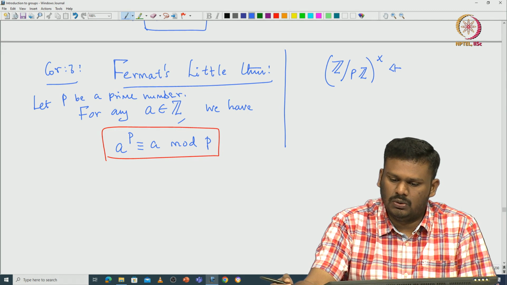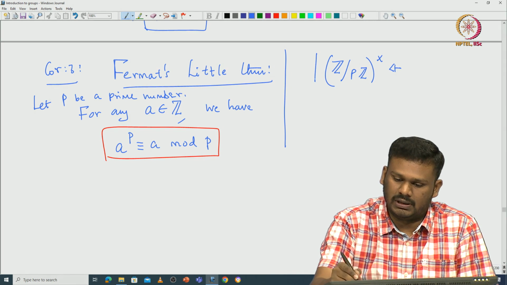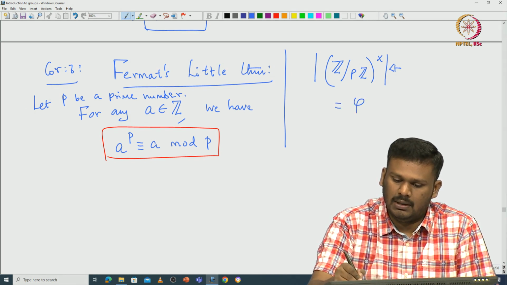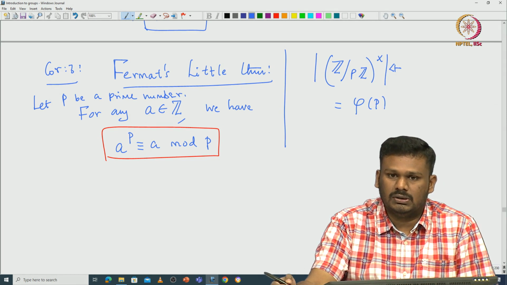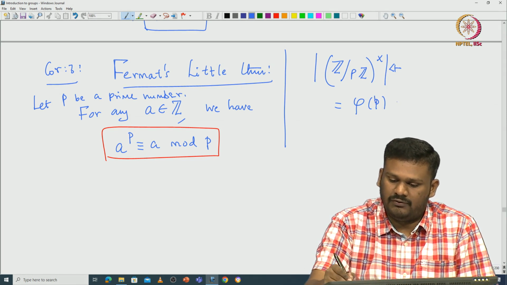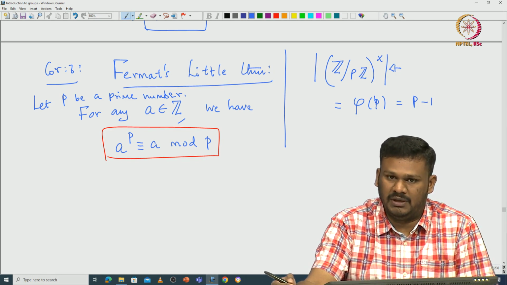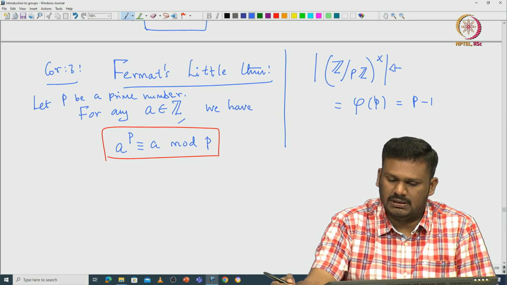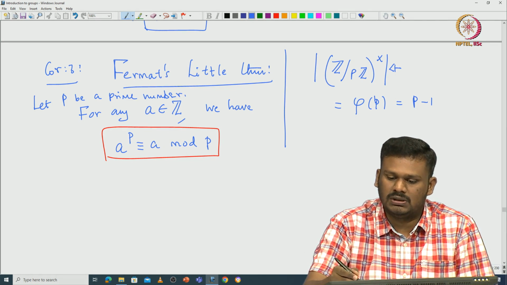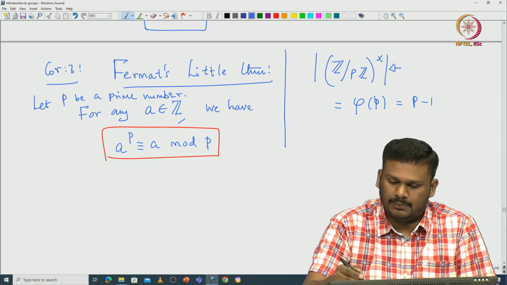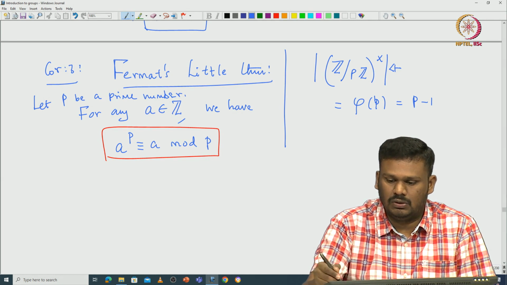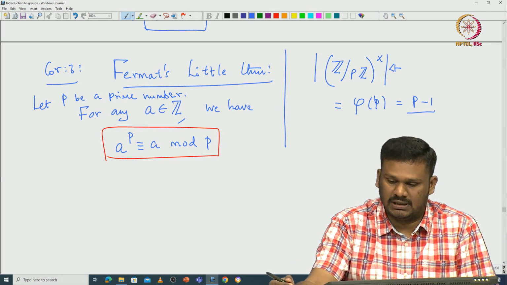The order of this group must be exactly phi of p, the Euler phi function, and we already proved that phi of p is exactly p minus 1 for prime p. These elements are parameterized by the positive integers between 1 and p which are relatively prime to p, and there are exactly p minus 1 such elements.